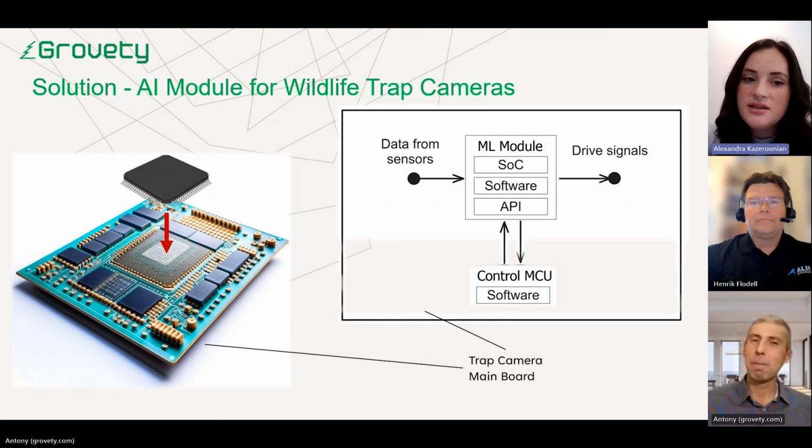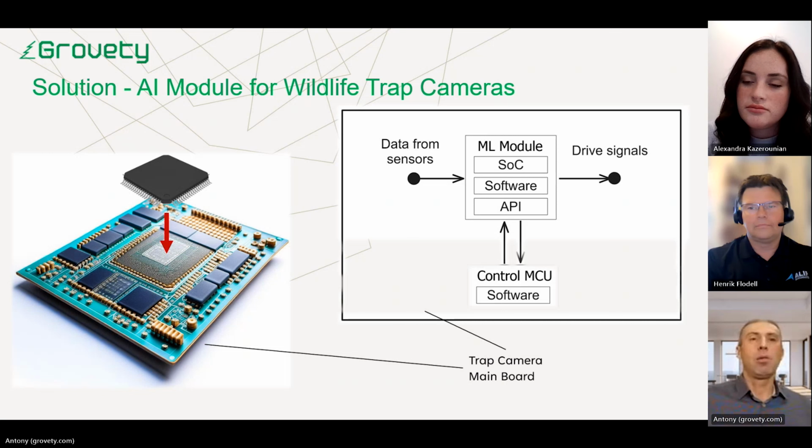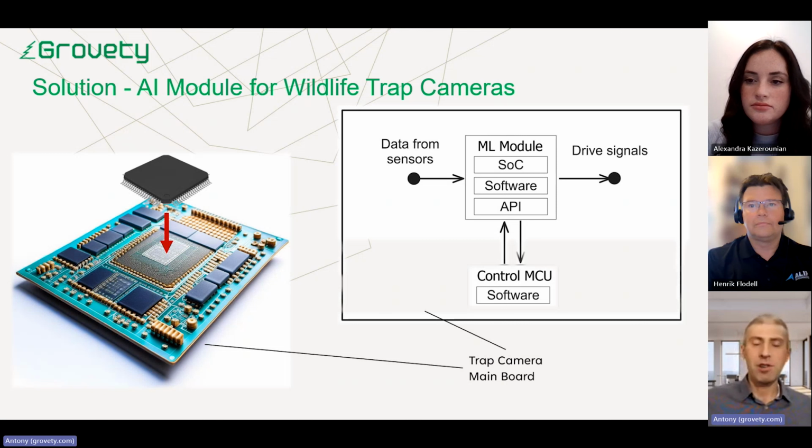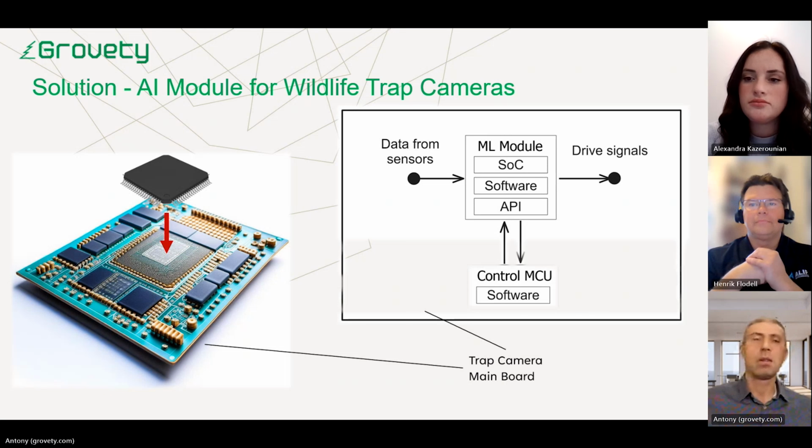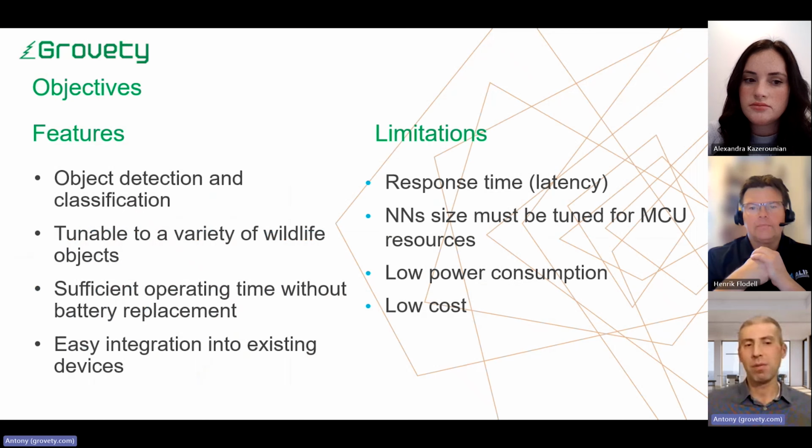And what led you guys to decide to use the Alif Ensemble MCU for this project? Oh, as I said, we started investigation and research into what hardware would fit our objectives and requirements. In fact, it was classification.